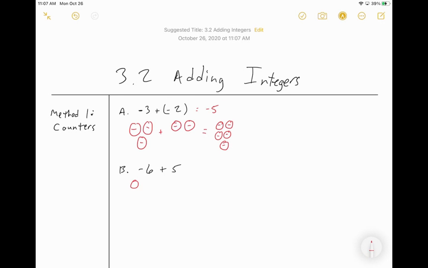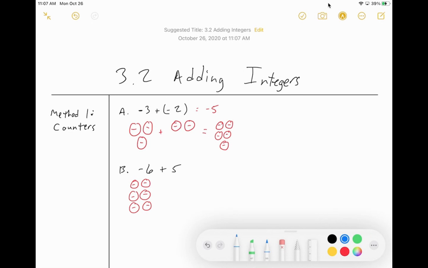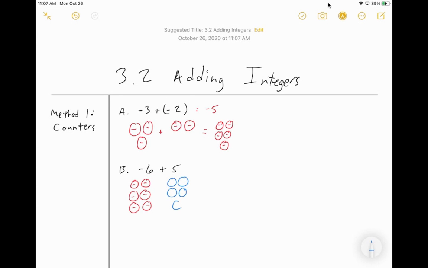So 1, 2, 3, 4, 5, 6. 6 negatives. And I have 5. I'm gonna put in a different color. 5 positive. So 1, 2, 3, 4, and 5.